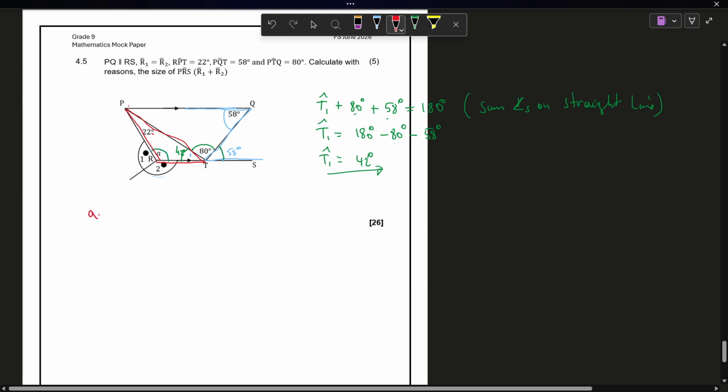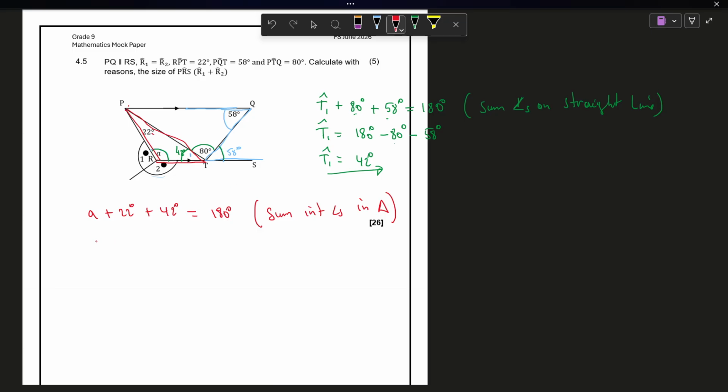So we say A plus 22 degrees plus 42 degrees equals what? 180 degrees. What would be the reason? The sum of all interior angles in a triangle sum up to 180 degrees.